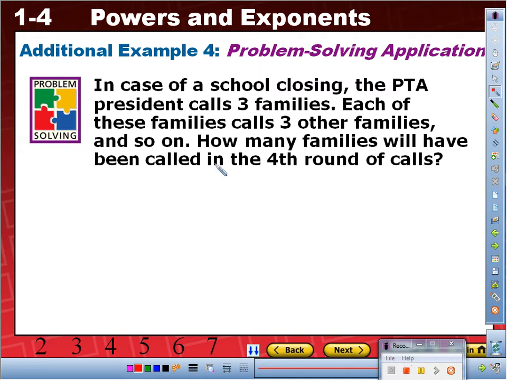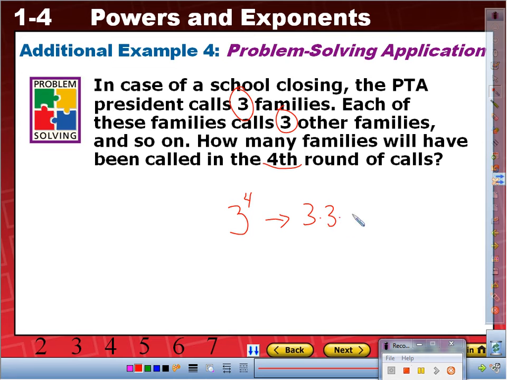So what's the increment? 3. So guess what? That's going to be our base. How many families will have been called in the 4th round? That's going to be our exponent. So therefore, this becomes 3 times 3 times 3 times 3. So how many families? 81.